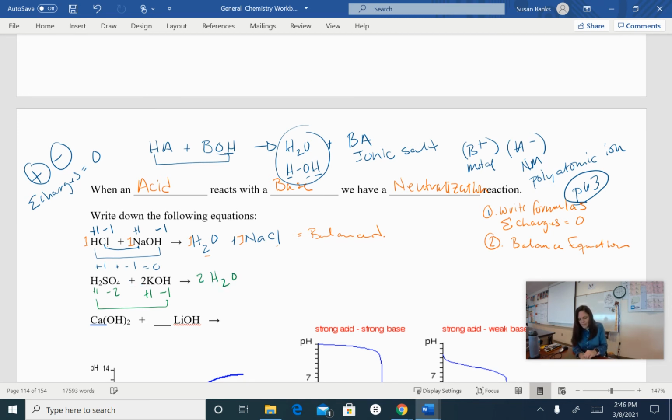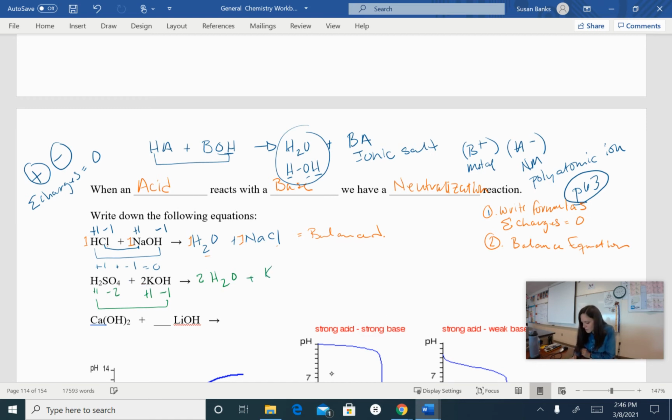Okay, and then potassium, I've got a +1 and I've got a -2 in the sulfate. So how many +1s do I need to balance that -2? 2 times 1 gives me a +2. +2 plus a -2 equals 0. So I'm going to need two potassiums.